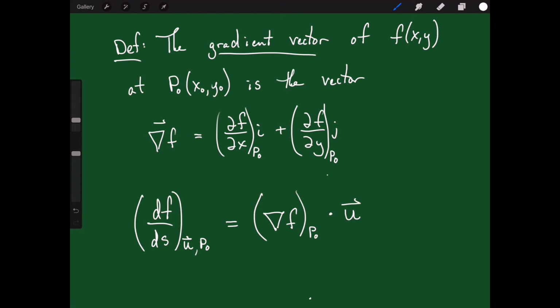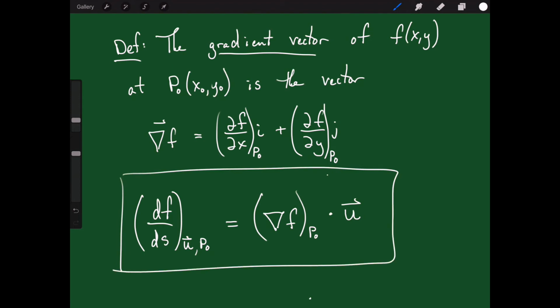Okay, so in other words, the derivative of f in a certain direction is the gradient of f dotted together with the direction in which you want to take the derivative. We call this the directional derivative, and we call this little upside down triangle f the gradient of f.